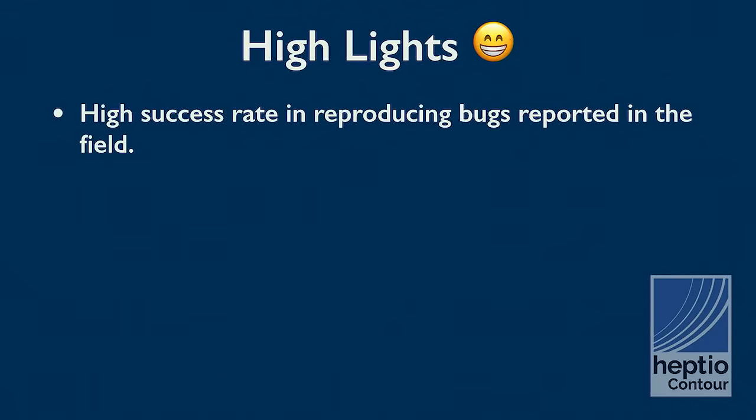The highlights. The things that make me think that this approach has some value is that we have a very, very high success rate of bugs reported in the field being turned into test cases like this. I get bug reports on Slack, in GitHub. Literally, this is the document that I tried to use. I can turn that into a test case, and I can then turn that into a failing end-to-end test case.